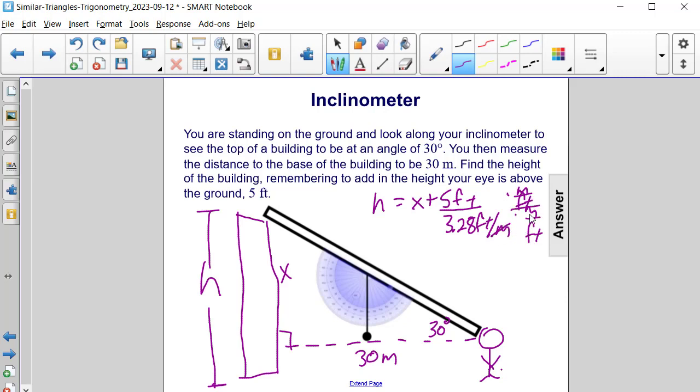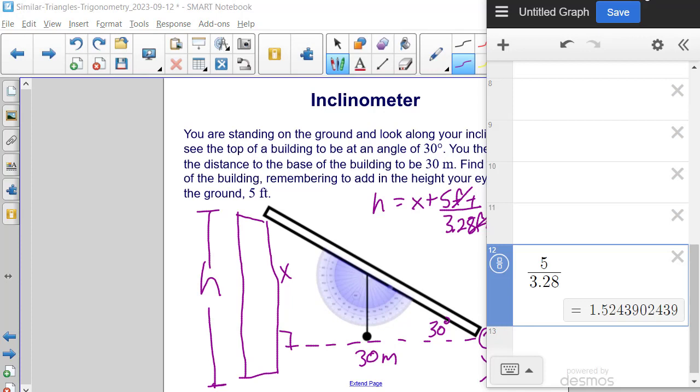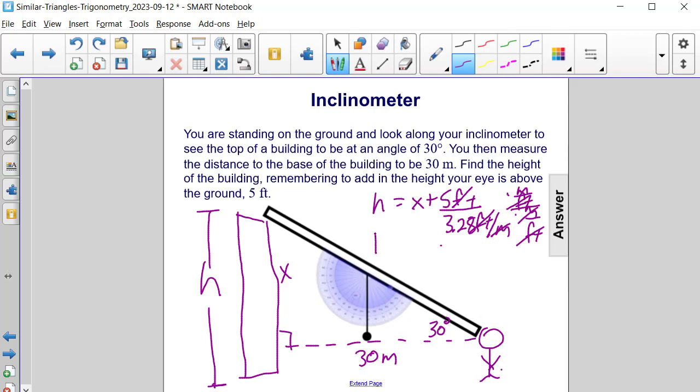That will cancel out all of the units in the denominator, and then the feet will go away, and we will be left with 5 divided by 3.28, which is about 1.52 meters. So this h is going to be equal to x plus 1.52.